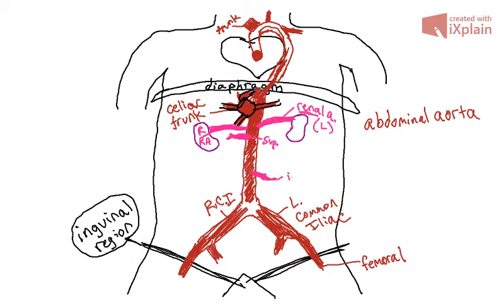But these go to the intestines, and these are called the superior and inferior mesenteric arteries, and they go to the intestines. And a mesentery is kind of like a mesh. There's like a mesh that goes around the intestines and holds your intestines in, so your intestines aren't always pushing on the front of your stomach trying to get out.